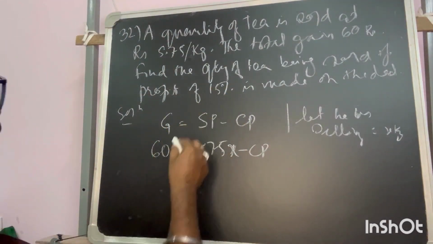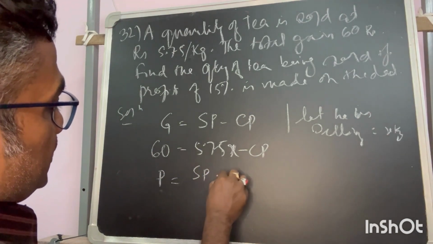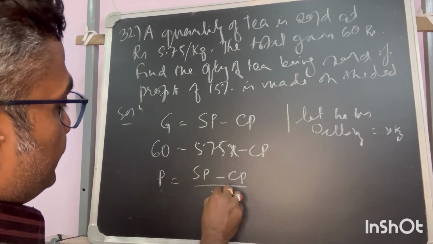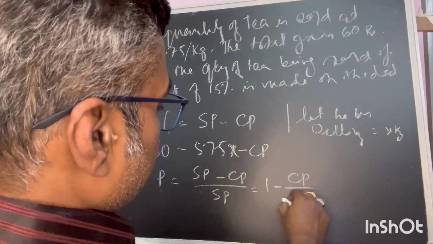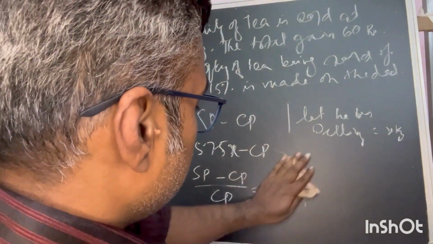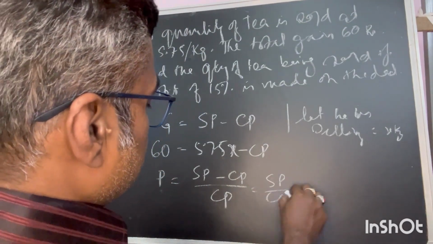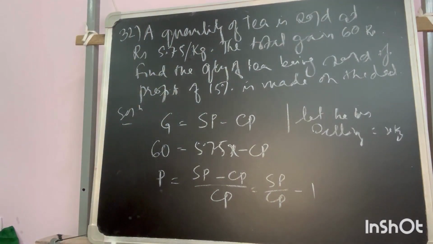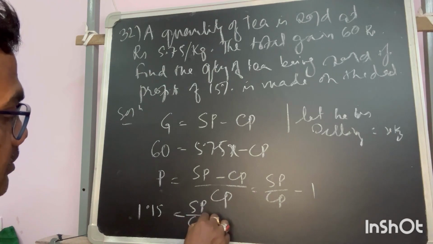So the profit percentage is what? Profit is equal to selling price minus cost price divided by the cost price. That means selling price by cost price minus 1. So profit of 15% is 1.15 for SP by CP.